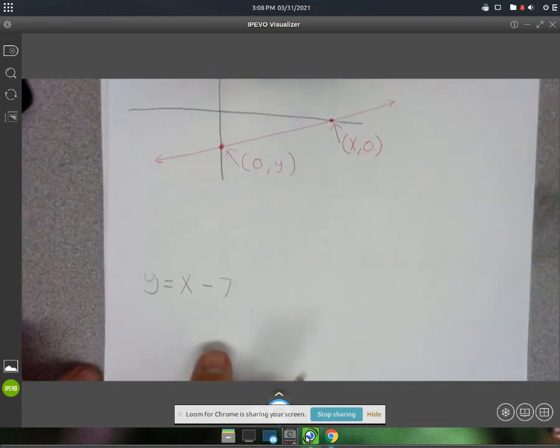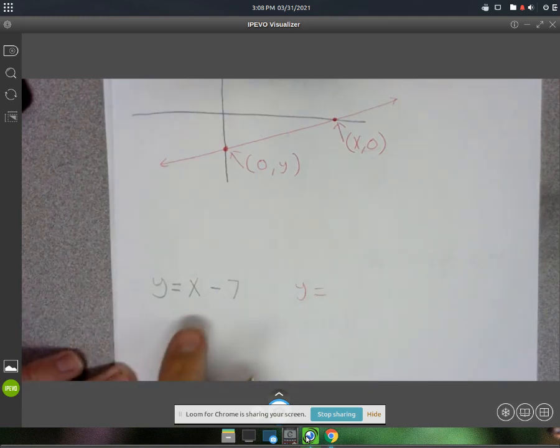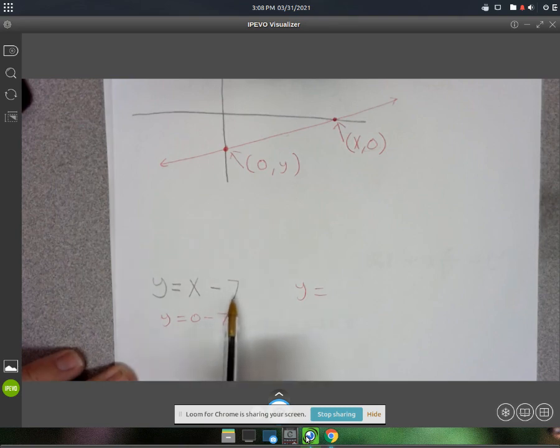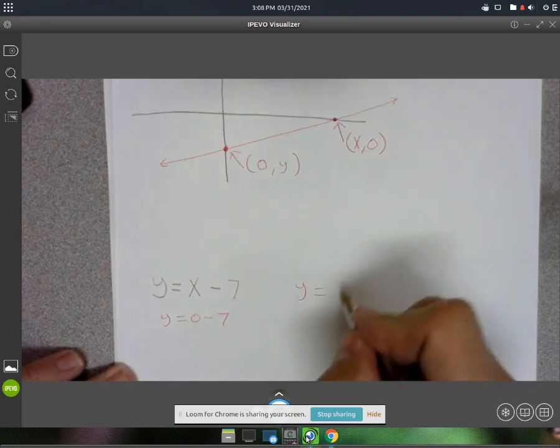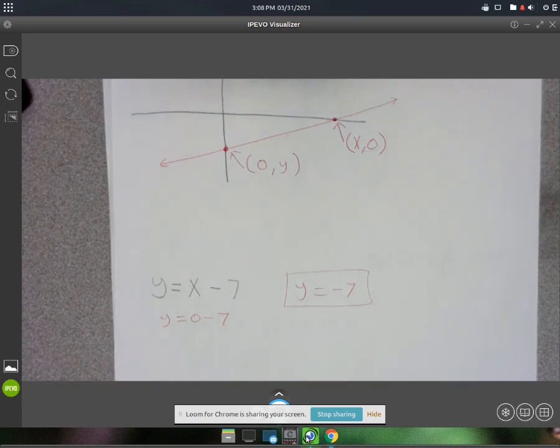So this one, the y-intercept's kind of too easy. If I plug in 0 for x, I get 0 minus 7. And so the y-intercept is literally negative 7. This one was in slope-intercept form, so we kind of already knew that.